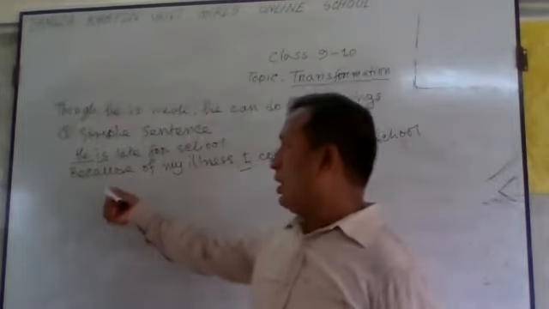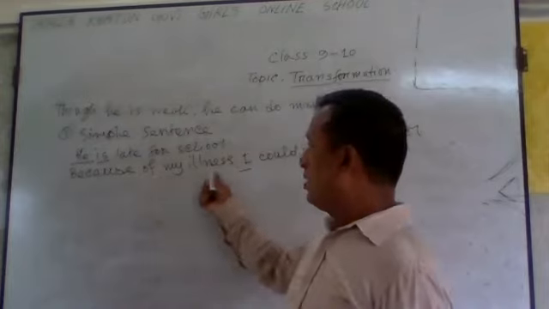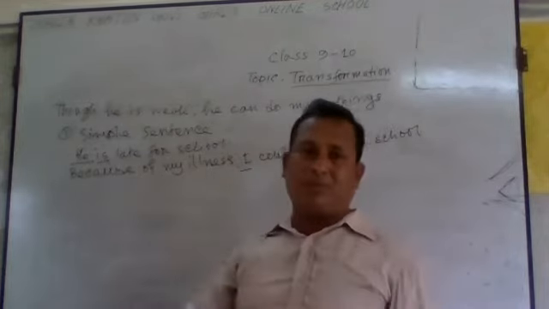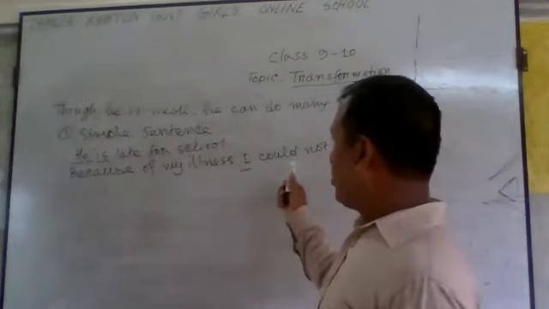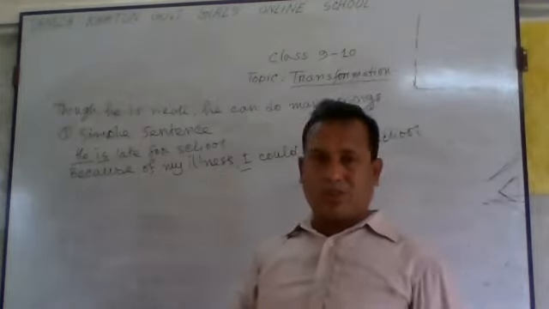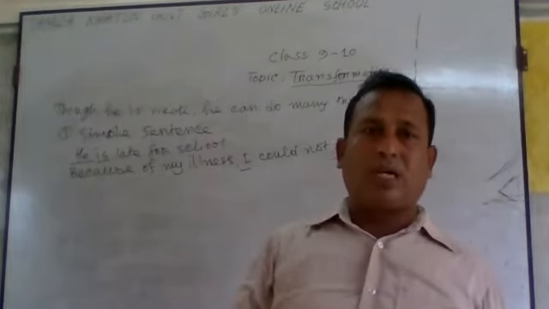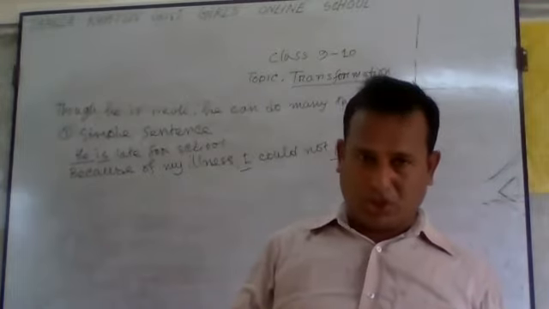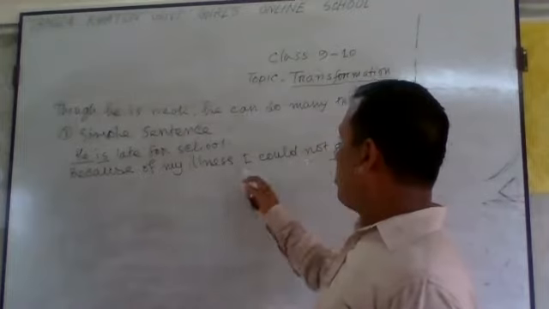So, I found no subject and no finite verb. And this is the phrase. And the last one is the principal clause. What is a principal clause? In another class, I will talk about clauses. Okay. This is the one subject, I.